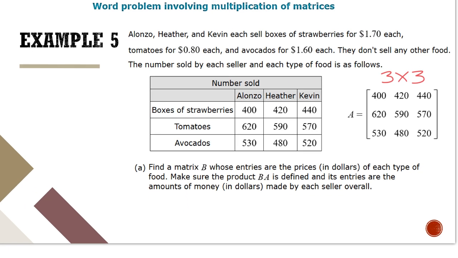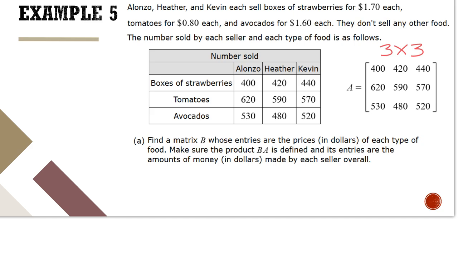So we're going to be using these numbers. So what we're going to do is make sure we're multiplying B times A. So this new matrix B is going to be using those numbers. So when we do that, matrix B times matrix A, we know that matrix A is a 3 by 3, which is right up here. So what I need to know is that there's two ways I can draw this matrix.